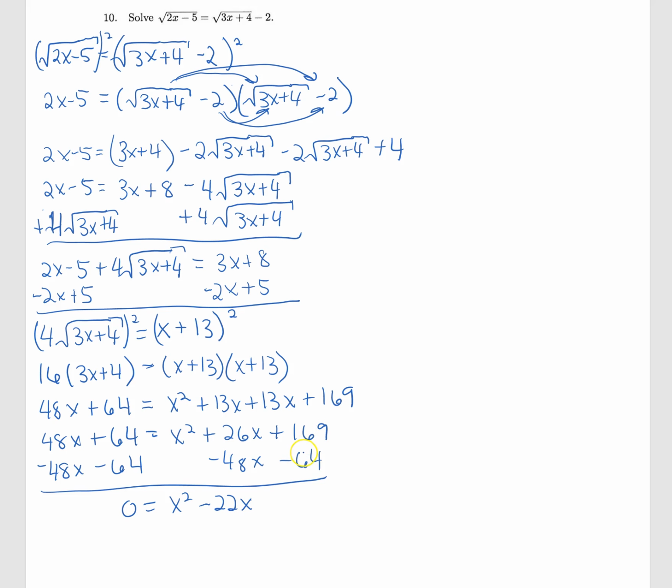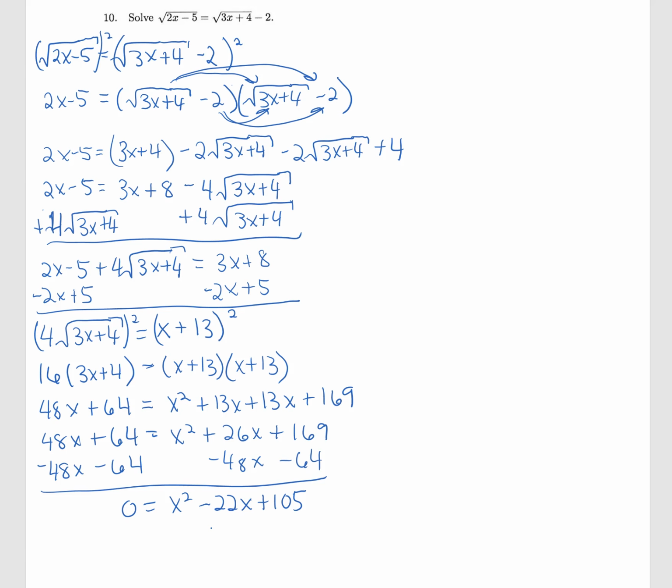And positive 169 minus 64 is a positive 105. So now we can factor this to find out what x equals, but for me that's a little bit hard to see what the factors are.